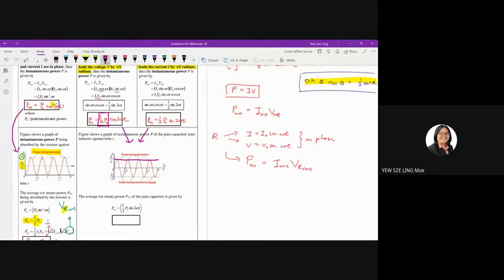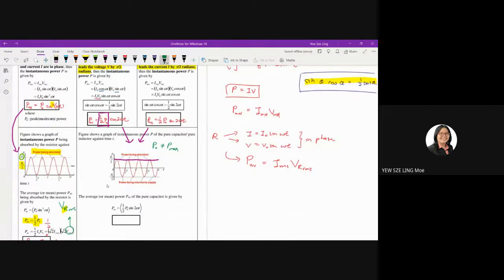That's why, like what I told you just now, peak power doesn't represent maximum power. It is only true in a pure R circuit, but it is not true for pure C and pure L. In pure C and pure L, P peak doesn't represent P maximum. P maximum, according to the diagrams given, equals half of the peak value.